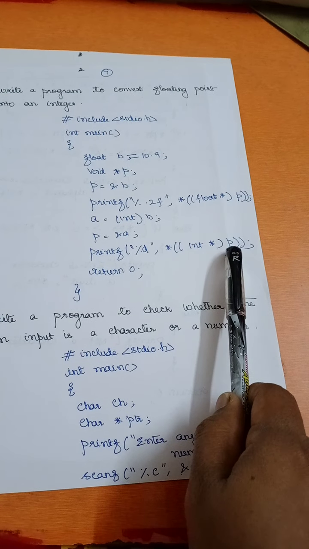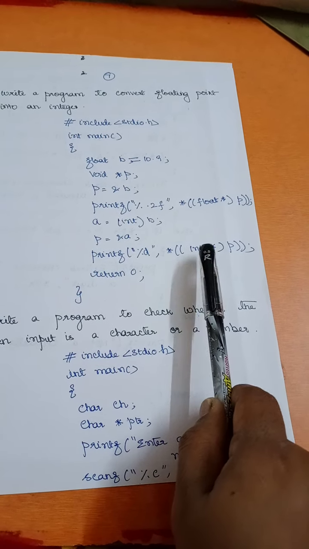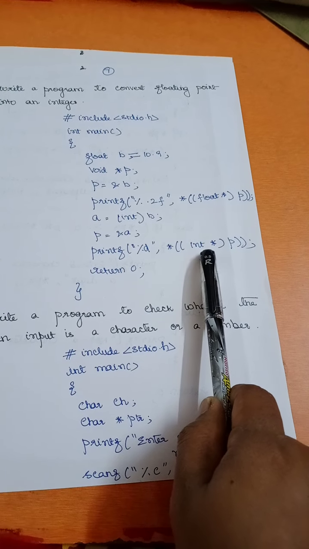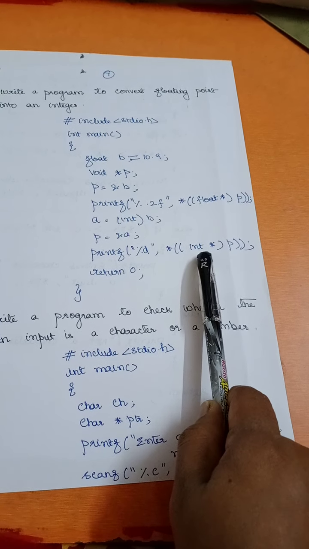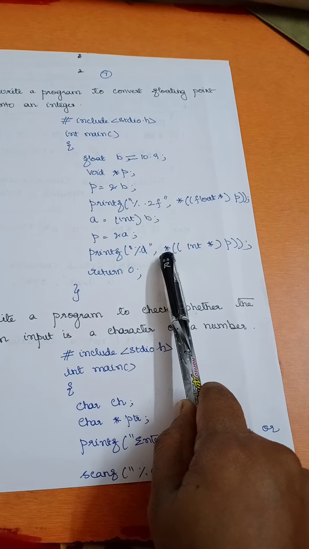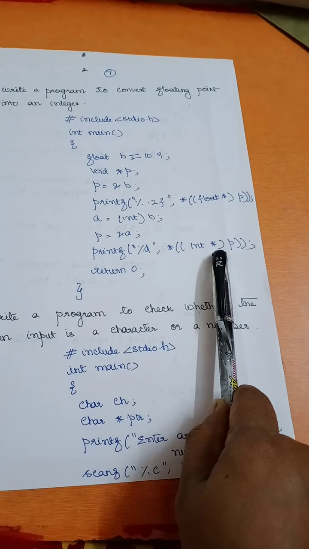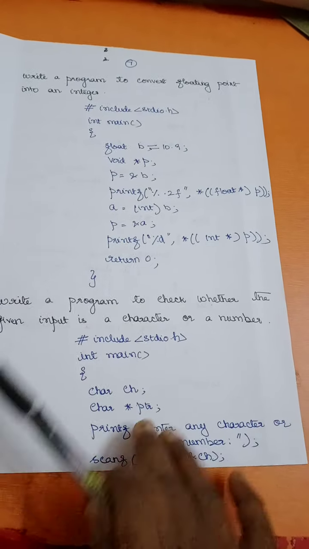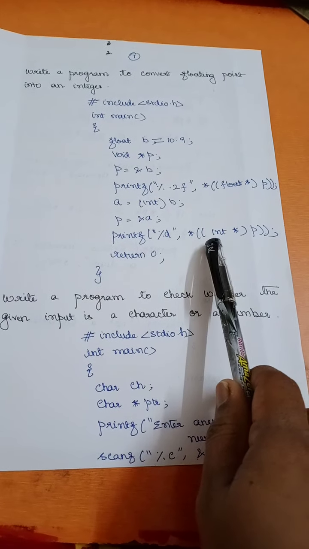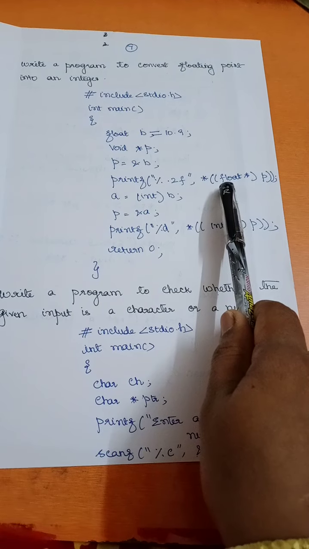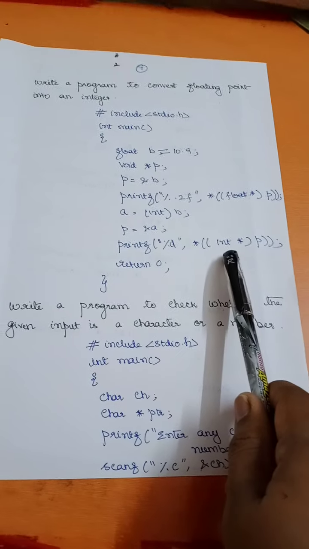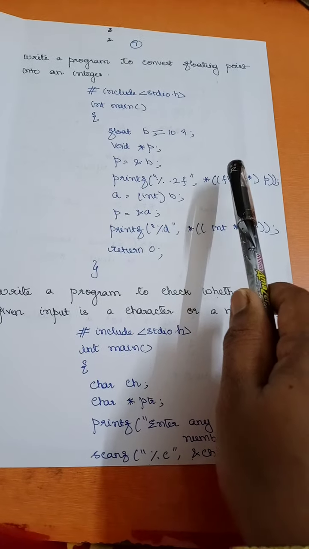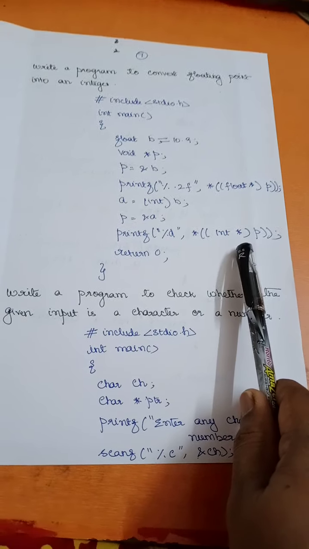Here I am converting the void pointer to a pointer to an integer variable, and then with the help of the dereferencing operator I am accessing the value, right? And then I am printing the value. So what will be the output here? The output will be 10. Here the output is 10.9 and here the output is going to be 10. Here I have converted the 10.9 to 10, right?